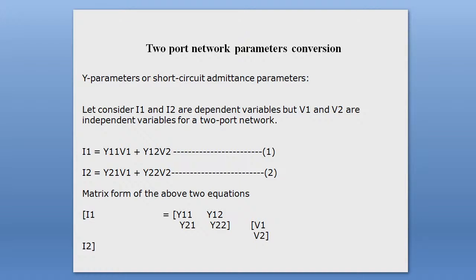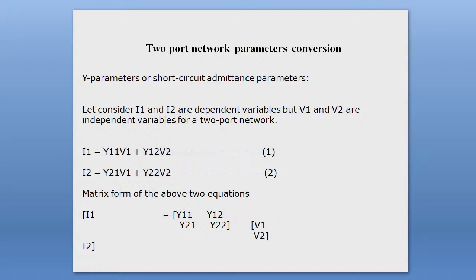There are a total of 4 sets of parameters for a two-port network: Z parameters, Y parameters, hybrid parameters, and transmission parameters. We have already defined the expression of the Z parameters. Now we determine the expression of the admittance parameters, or short circuit admittance parameters, of a two-port network.